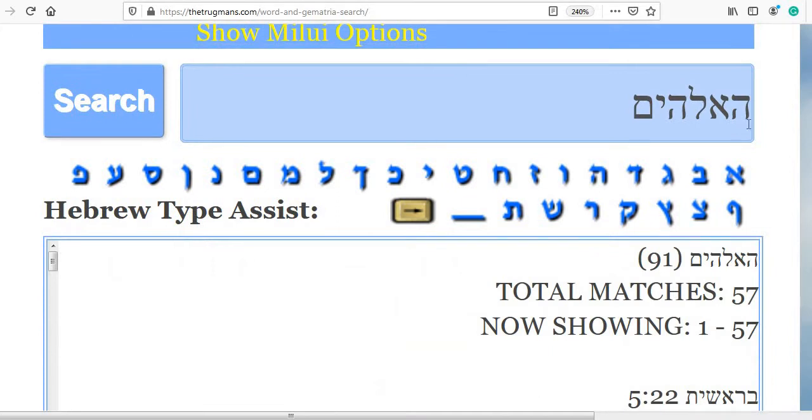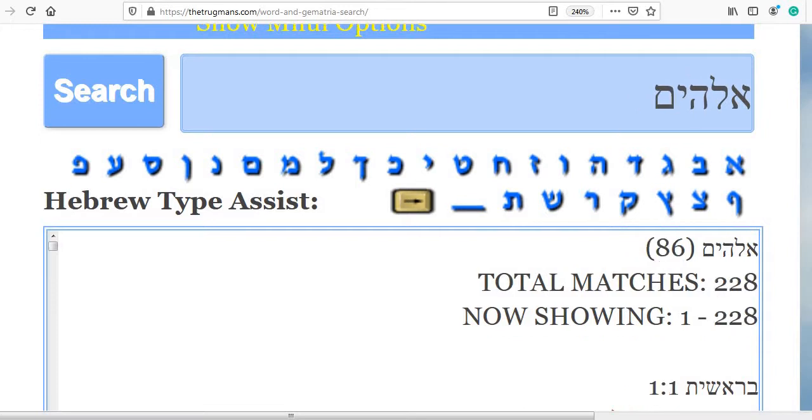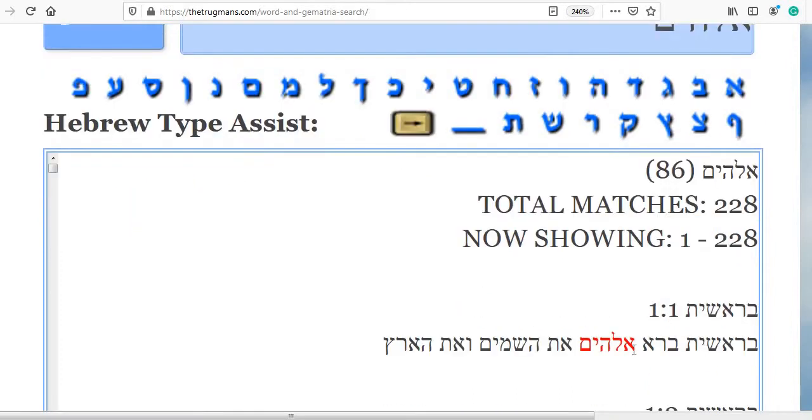Now, Ha Elohim is something completely different, and you'll only find it in the Torah 57 times. So you can see here there's the Hey in front of it. Everybody misses that. So I'll show you quickly. The first example of Elohim is, of course, in Genesis 1:1.